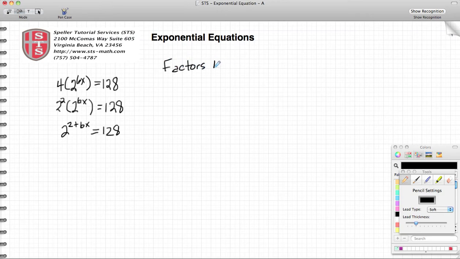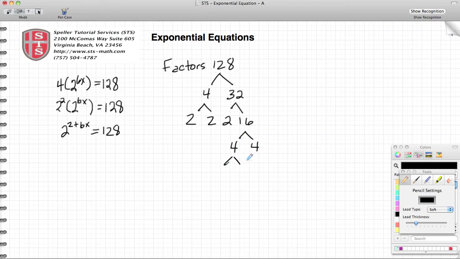Factors of 128. So we're going to go ahead and build a factor tree. We know that 4 times 32 will give me 128. Let's factor 4. We know that's 2 times 2. And then let's factor 32, and we know that's 2 times 16. The factors of 16 are 4 and 4.